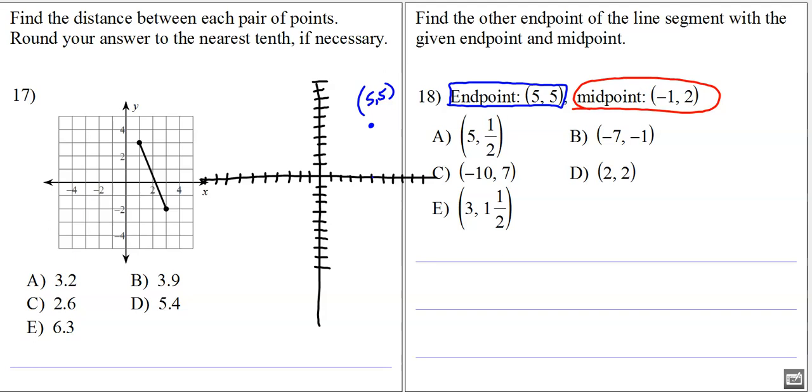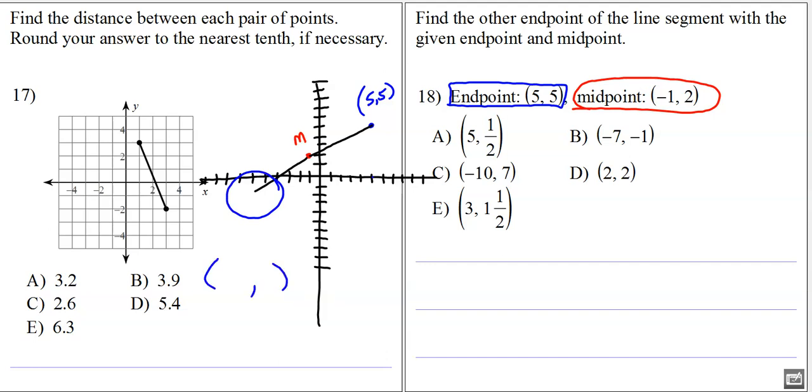So left 1, up 2. So that's my midpoint. And I need to find the other end. So if I start connecting this line, I think the other end is going to put me somewhere down here. So even if I didn't know, I would at least guess somewhere in that region.